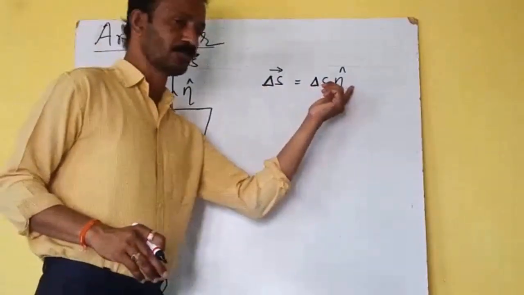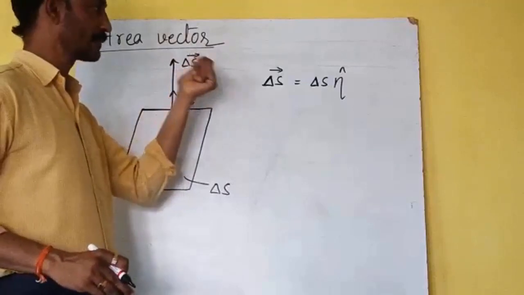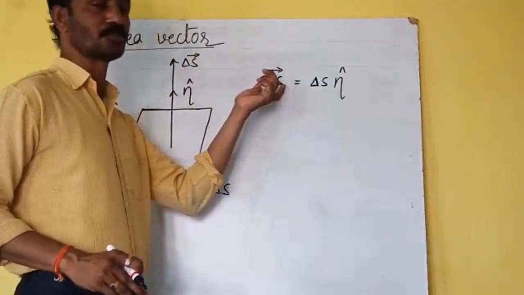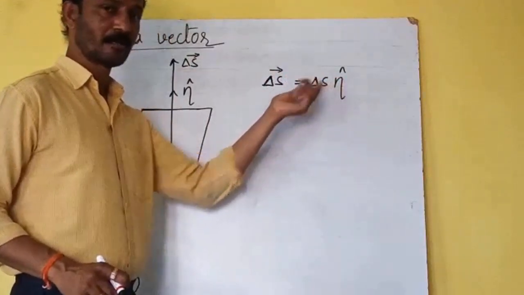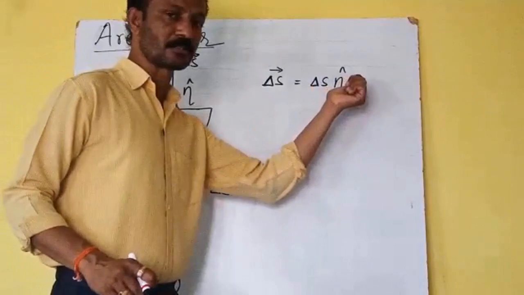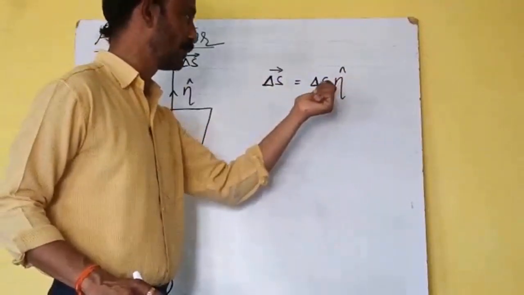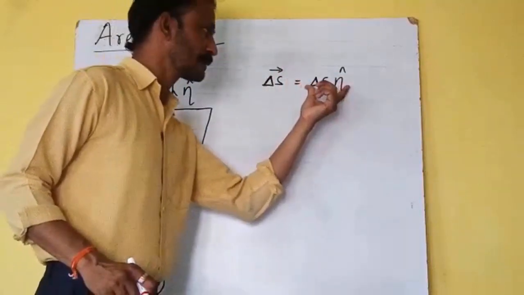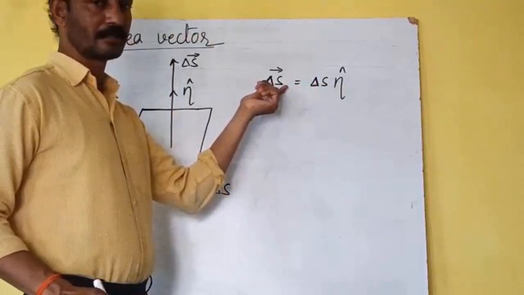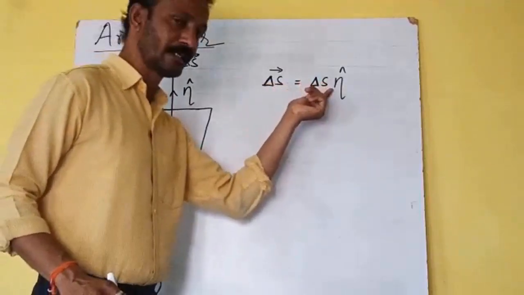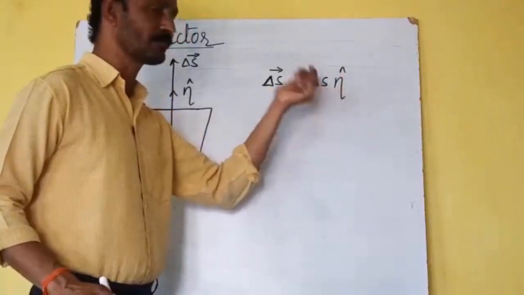Here delta S is the area of the element, and eta cap, a unit vector, gives the direction of this area.